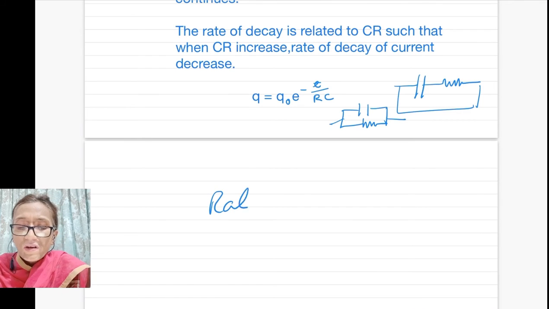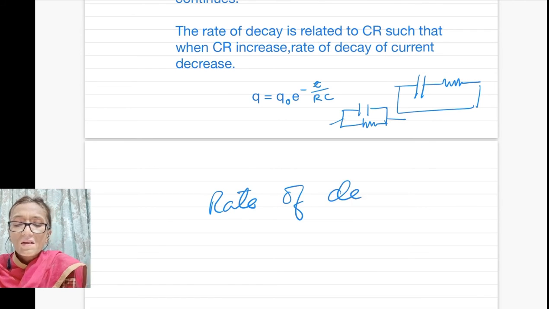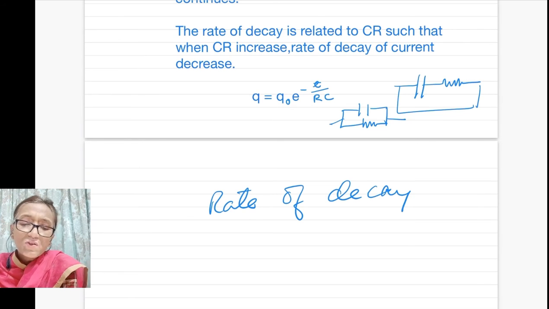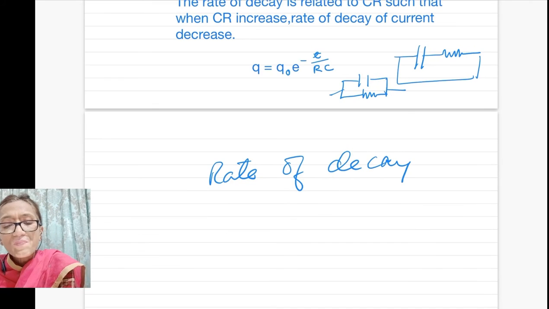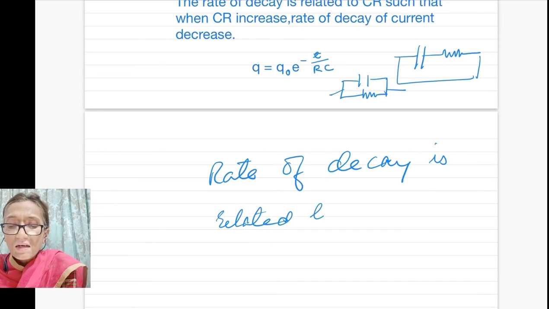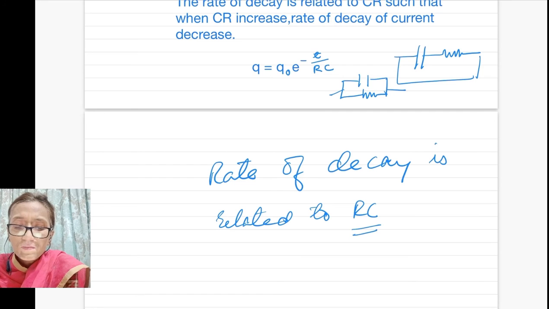The current will be dq upon dt. You will have to differentiate it and then you will find the rate of decay. So you will find that the rate of decay is related to RC. RC is called the time constant.